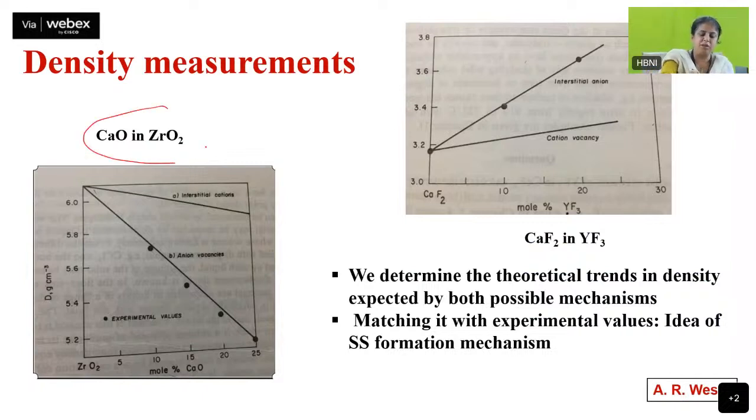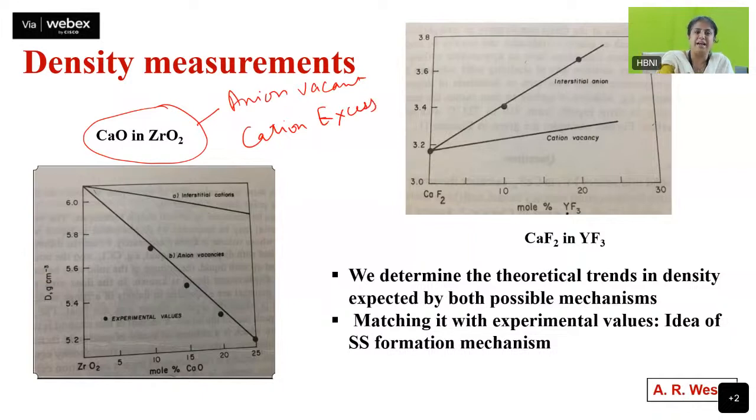Okay, so this is an example of how you can use density measurement. I put calcium oxide in zirconia, and whatever you see, these dotted lines are experimental. Theoretically, I thought that because Ca2 plus is smaller than Zr4 plus, it will form anion vacancy or cation excess.